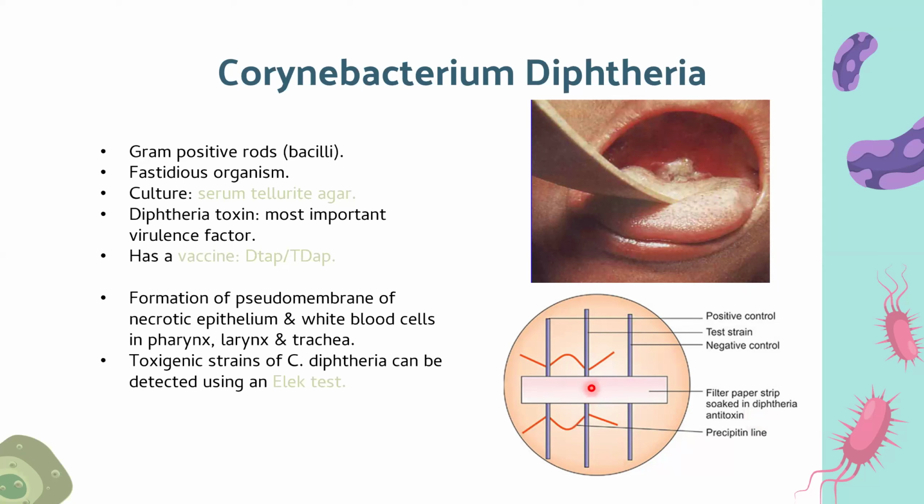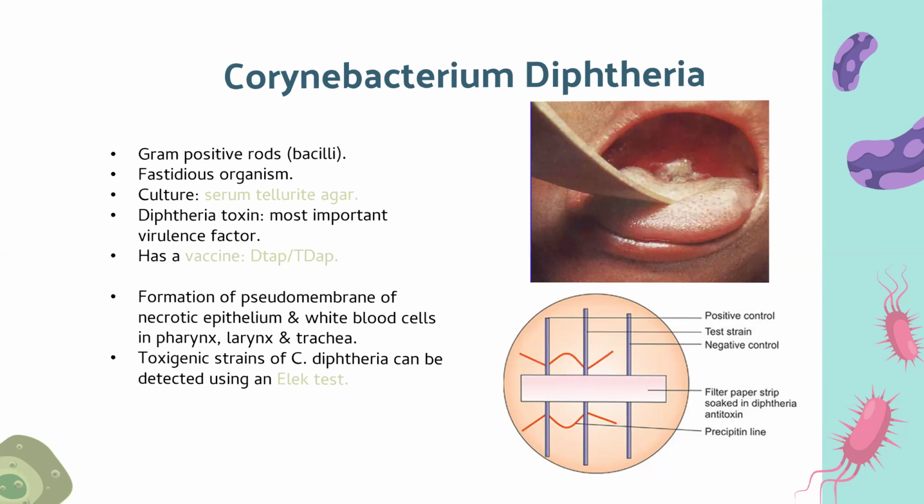So this antitoxin is going to seep through this test strain and give me this type of formation here. Is that clear for everyone? I take that as a yes.